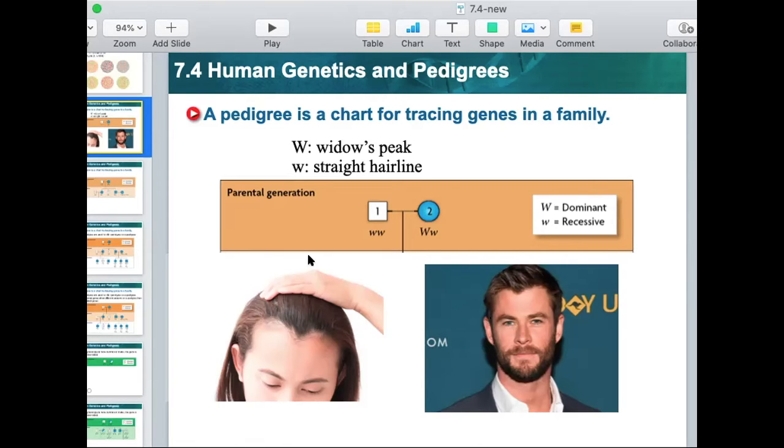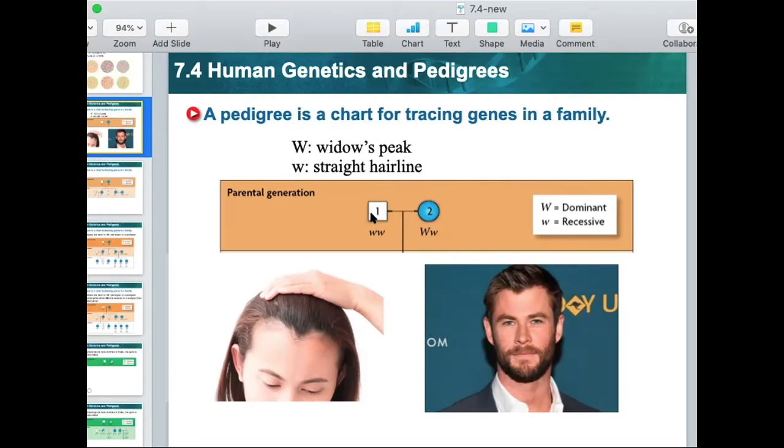So looking at this pedigree right here, go ahead and write this down. This box right here and the line and the circle, and we'll talk about what this means. So these parents right here, the square represents a boy or a male, and then the circle represents a female.